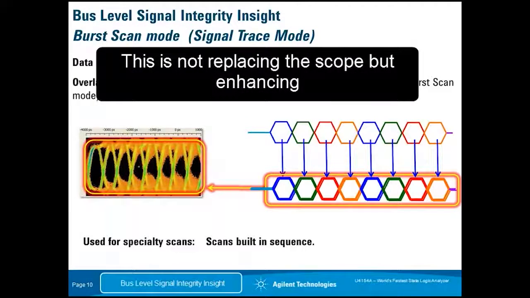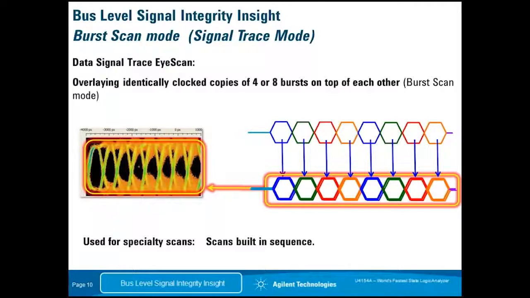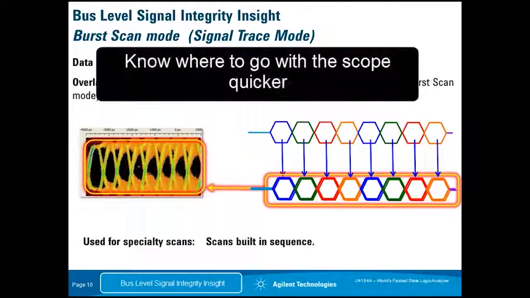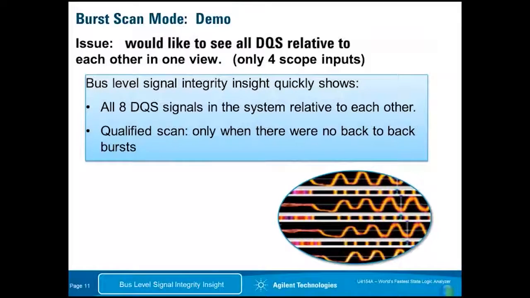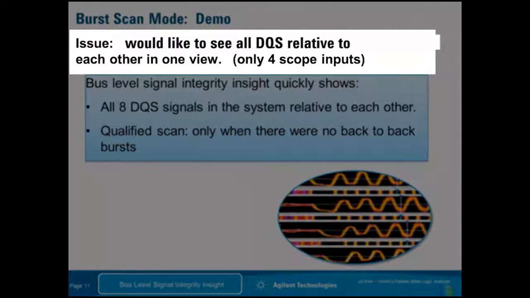This is not replacing the scope, but it's enhancing the scope, because now we can make specialized scans, simultaneous scans, gain quick, rapid insight, and then know where to go with the scope and why, and do so quicker. So in this next demo, we'll look with the logic analyzer at an issue that is a great concern: to see all of the DQS, the strobes, relative to each other in one view.